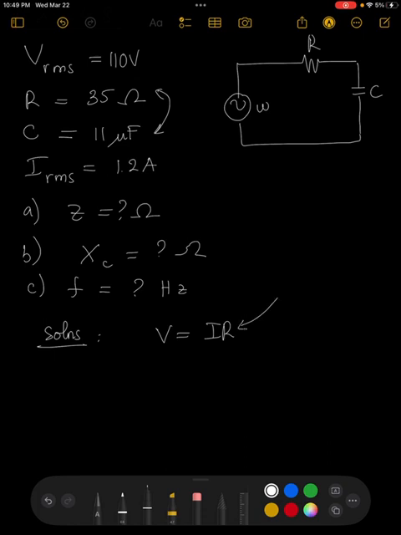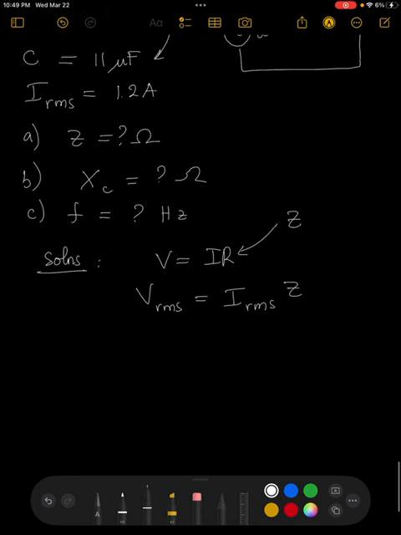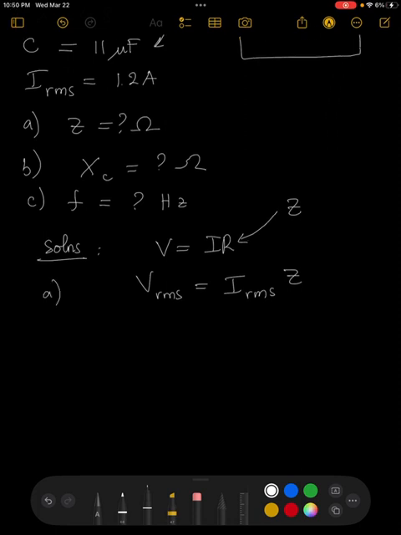So this R should be replaced by Z. With the given VRMS and IRMS, Z, the impedance, will be VRMS divided by IRMS.